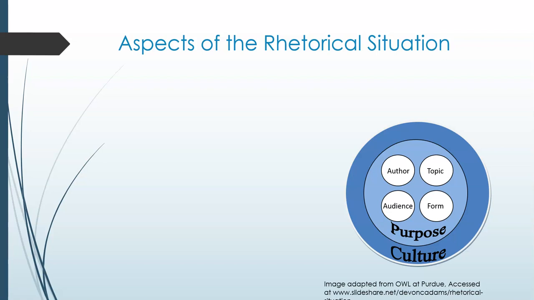Similarly, rhetoric is the study or use of effective communication, having the desired effect on the reader or listener. Crafting effective writing means considering the elements or circumstances surrounding the writing that you're doing, which is called the rhetorical situation. One way to imagine this is through a rhetorical circle, which you can see here.